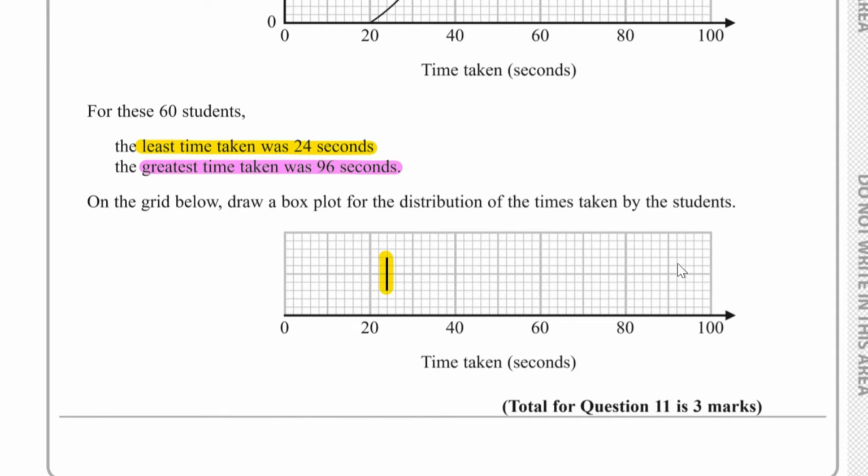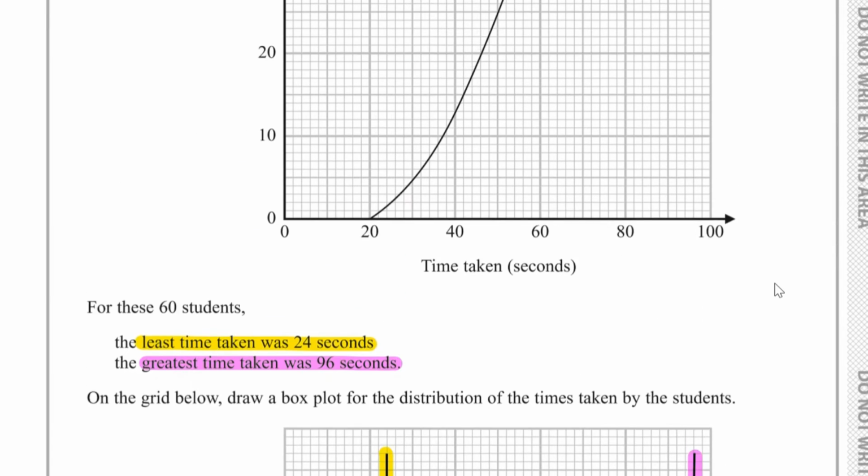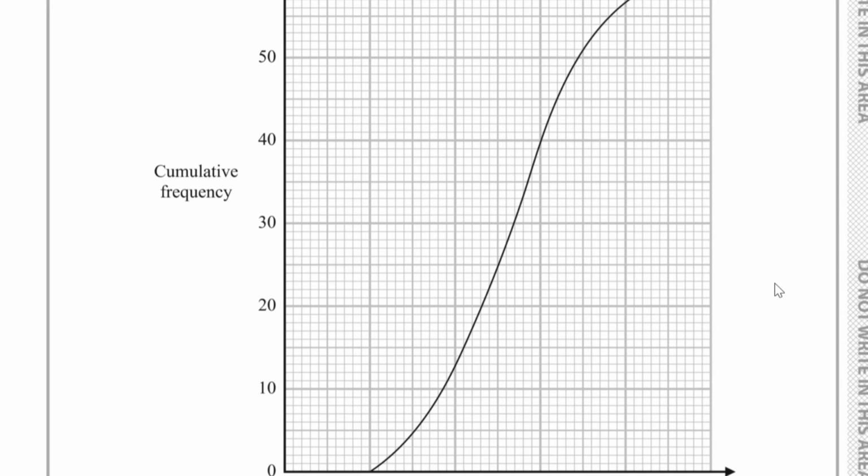So we draw a vertical line down at 96. 96 is over here. We draw a line down like so. So we have the greatest time. Now if we go to our cumulative frequency graph, what we can do is find the median, the lower quartile and the upper quartile.